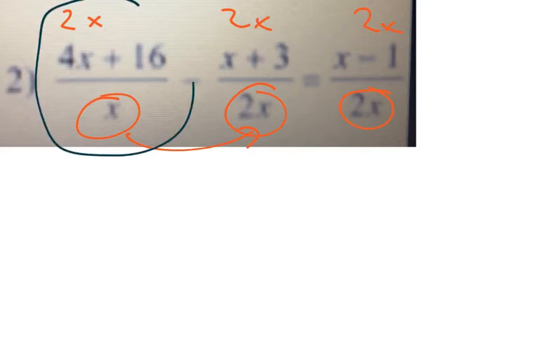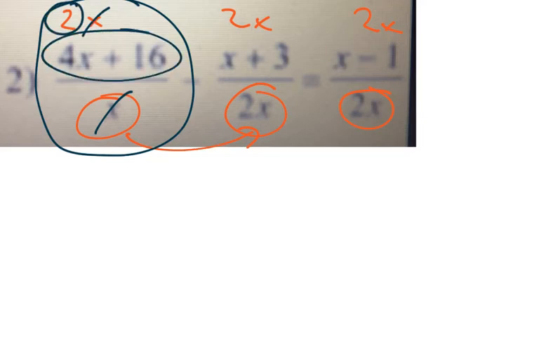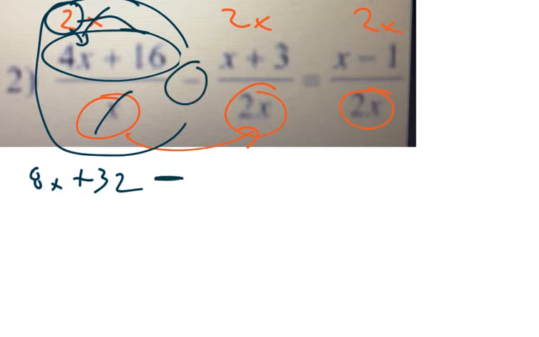In this first expression, the x's cancel out, and I have 2 that's going to times this. Now, if it's okay, I'm going to distribute that 2. 2 times 4x is 8x. 2 times 16 is 32. Okay, that's a minus there, a little blurry, sorry about that. Remember, we have to be careful, we may have to distribute that minus, which we are actually.